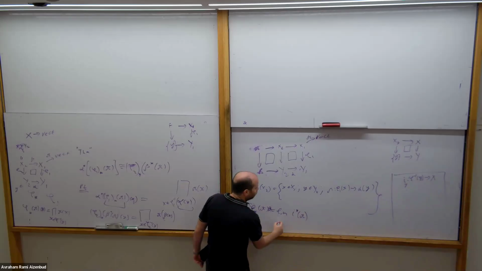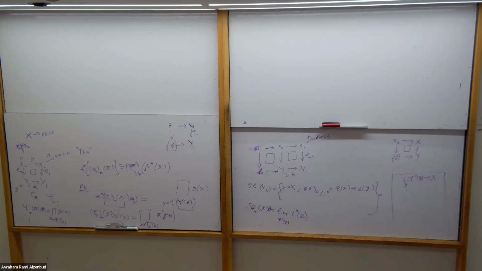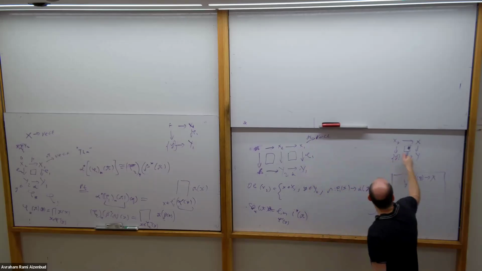Are you defining phi lower star? Are you recalling the formula for the Kan extension? Yes, for phi lower star in this case of two points.